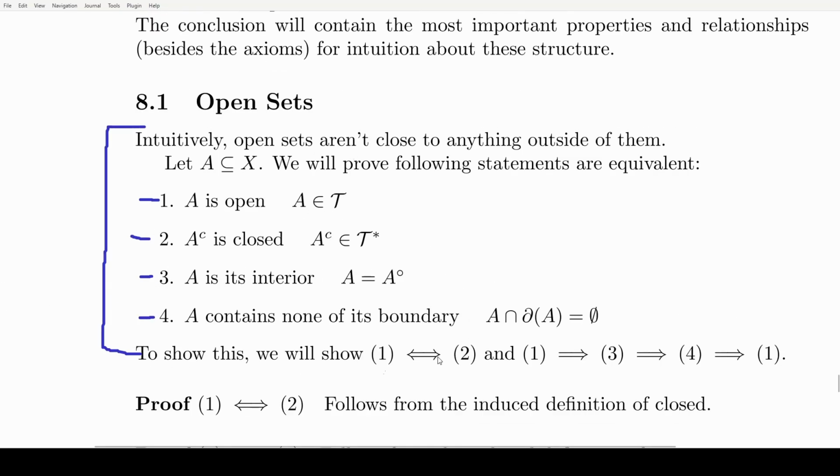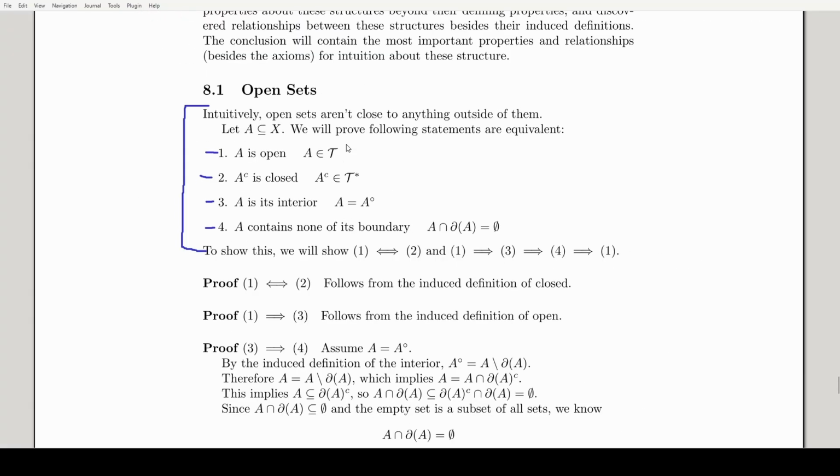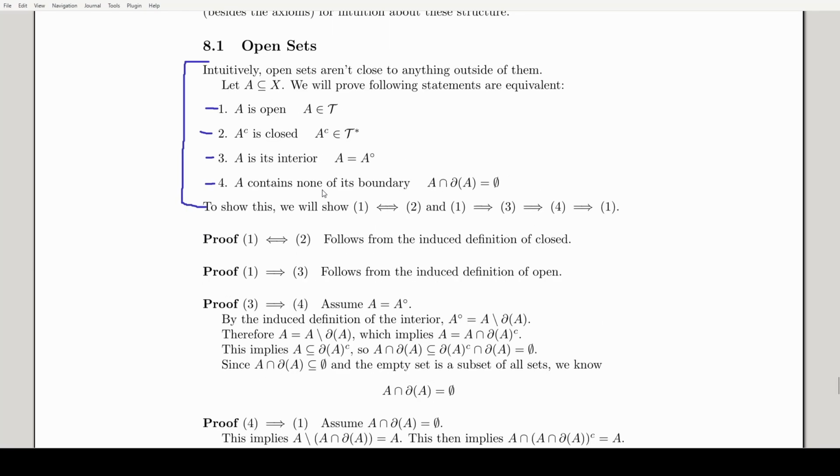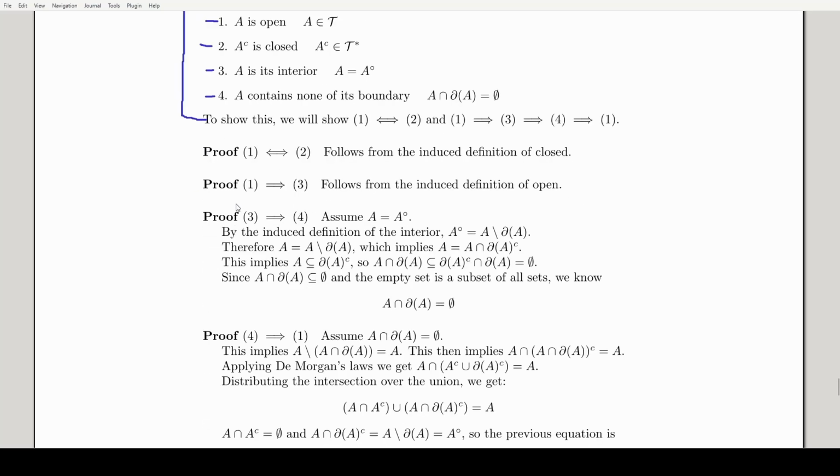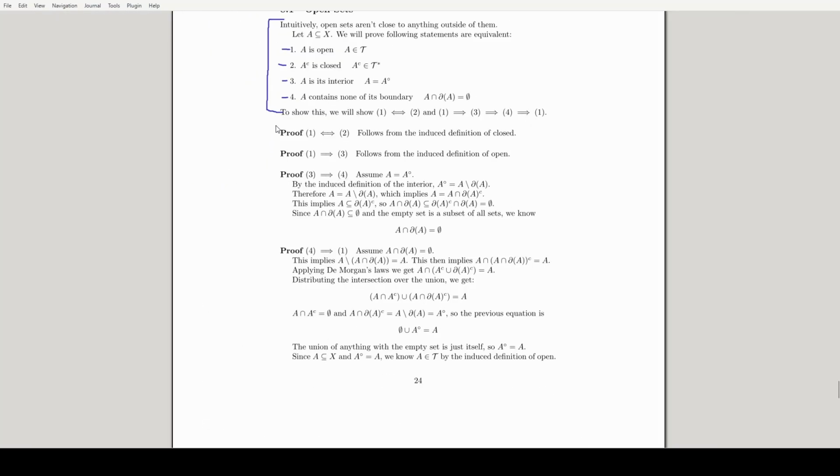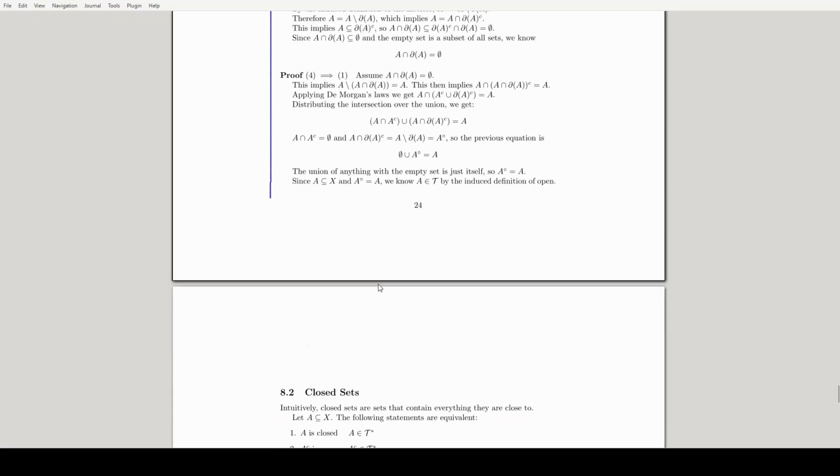So those are the four different ways you can say something's open. I've been using them periodically throughout when describing things intuitively, but this is where it's actually proven. So boop, those are the proofs.